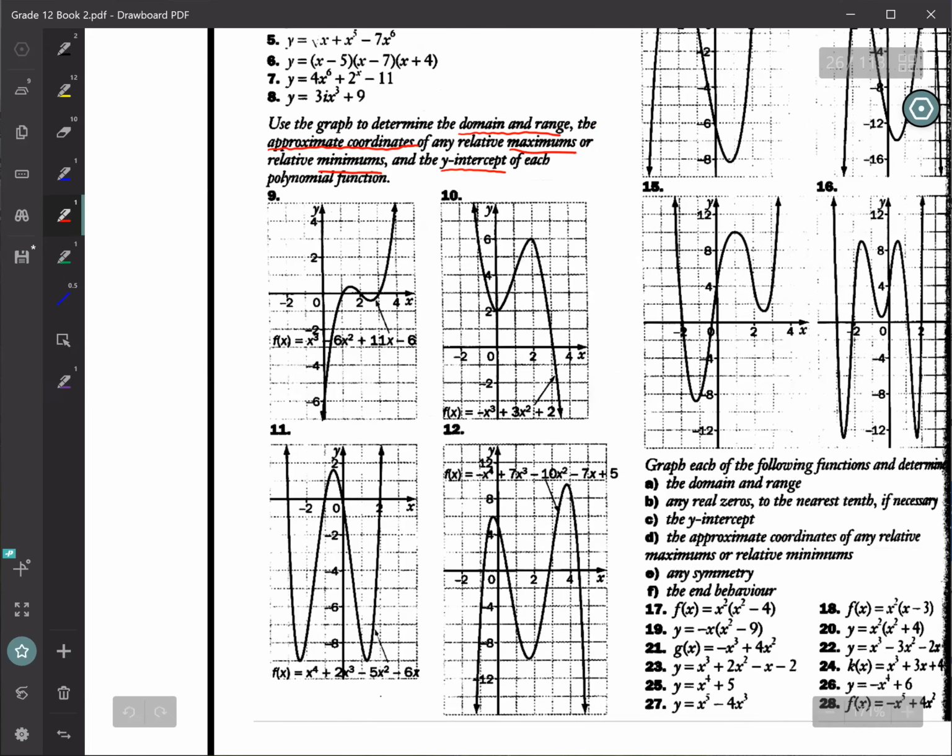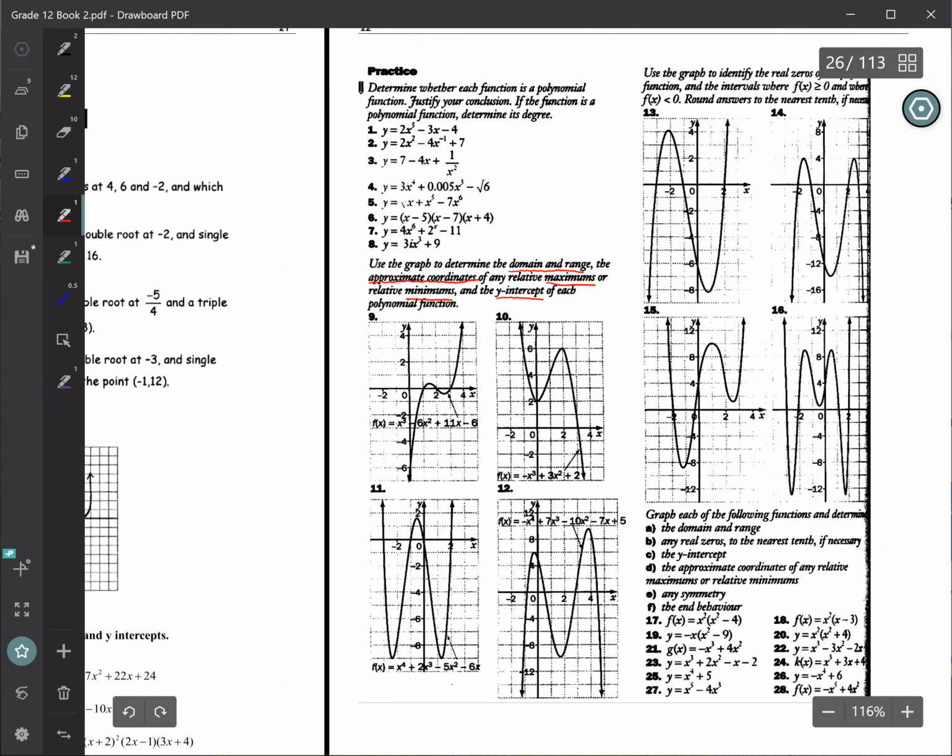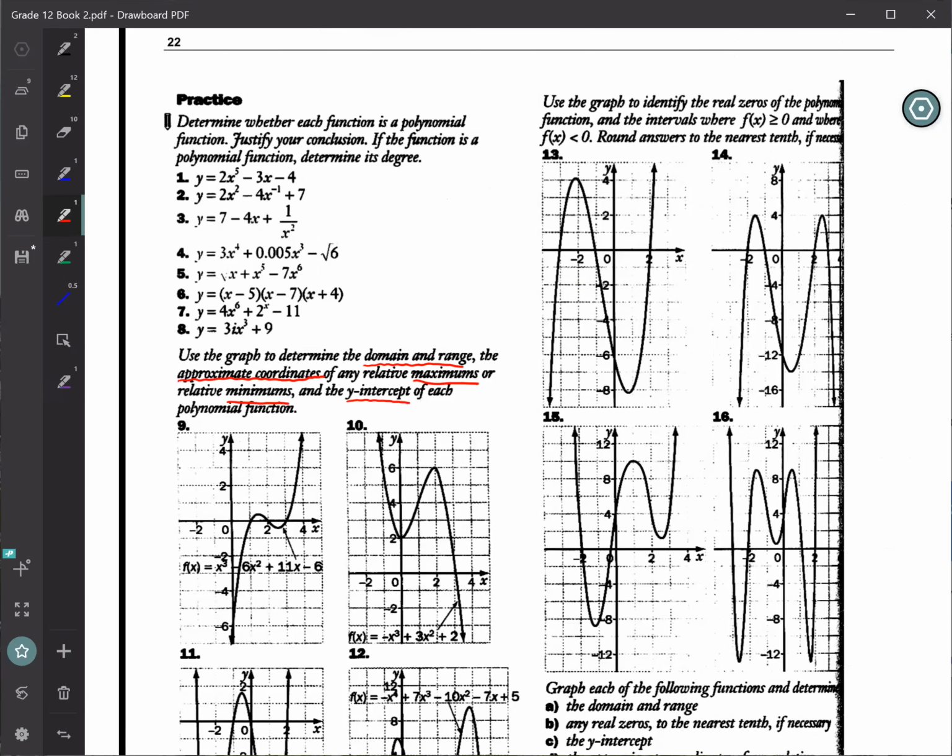Another part is finding the intervals: identify the zeros, and then find the interval where it's greater than or equal to 0, and less than 0. They already drew the graph for you.